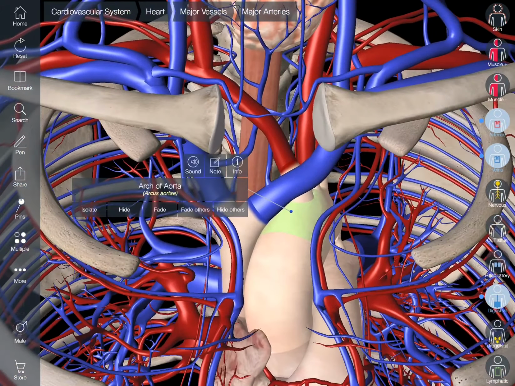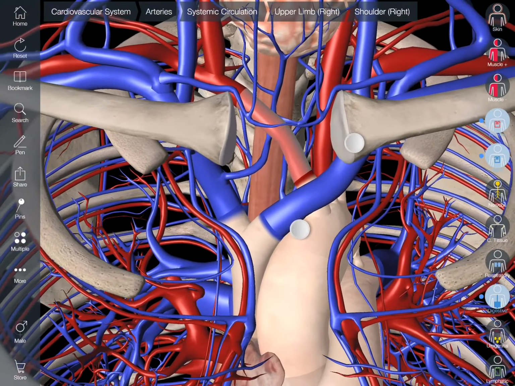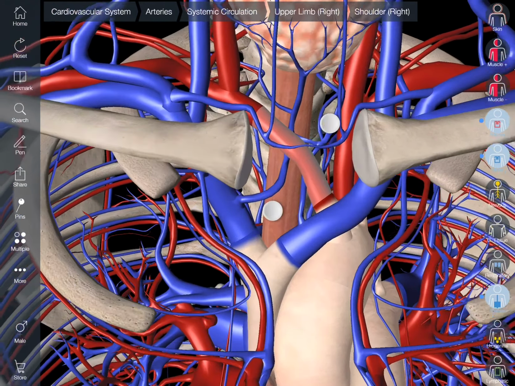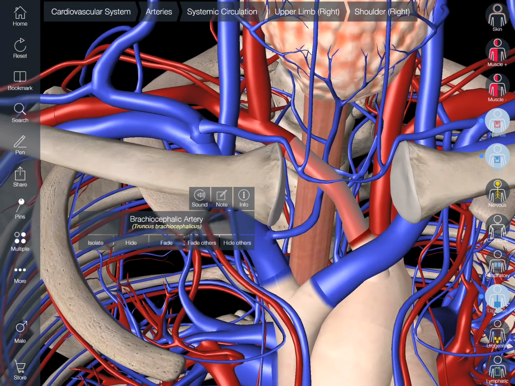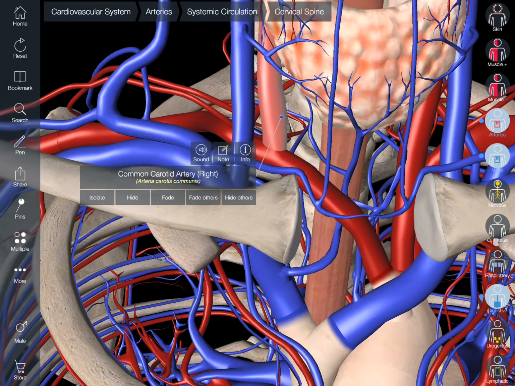So this is the brachiocephalic artery. We don't say right or left because we actually have this guy on the right side only. From the brachiocephalic artery, we have two major branches, which are the subclavian artery and the common carotid artery.